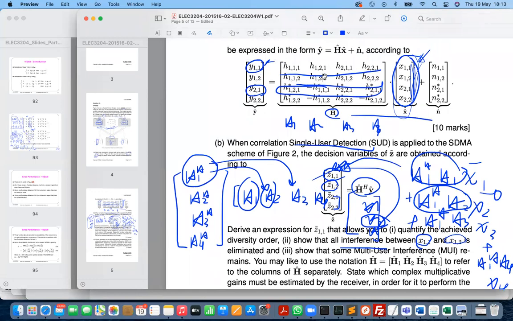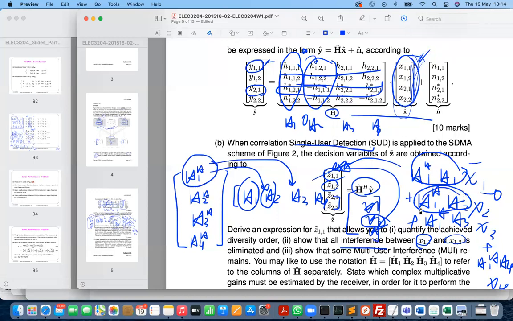Basically, if you look at the first column, if the first column's conjugate multiplies the second column, you'll get 0. I'll leave this to you to do the extension. If you check that on paper, you'll see that the first column's conjugate multiplied by the second column gives a 0.